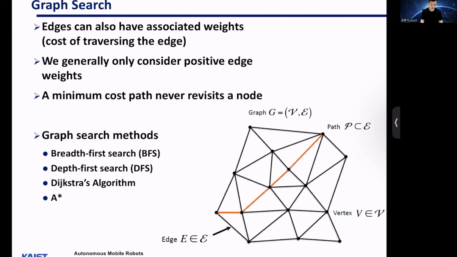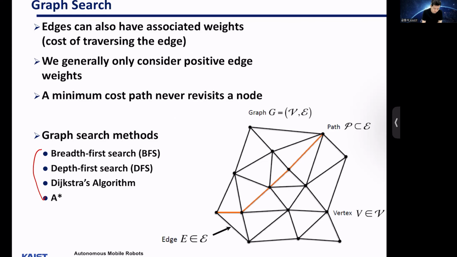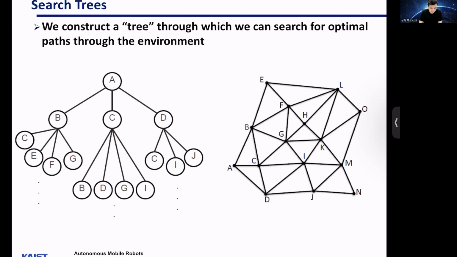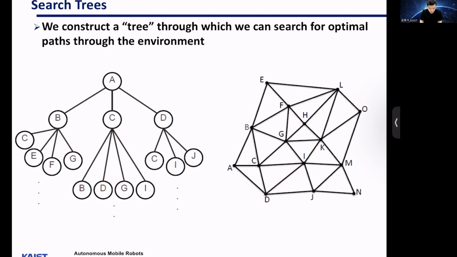Graph search methods are listed here. The first two are, as the name says, search methods, literally, and you can see why from these search trees.